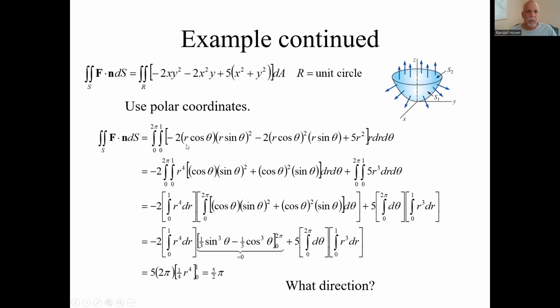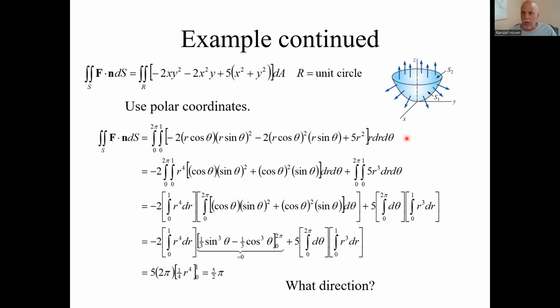And it gets a little bit tedious. You know, x is r cosine theta, y is r sine theta. Make all those substitutions for x and y. dA is r dr d theta. Don't forget the extra r. What are we integrating over? The unit circle. So r goes from 0 to 1. Theta goes from 0 to 2 pi. Here is the setup.